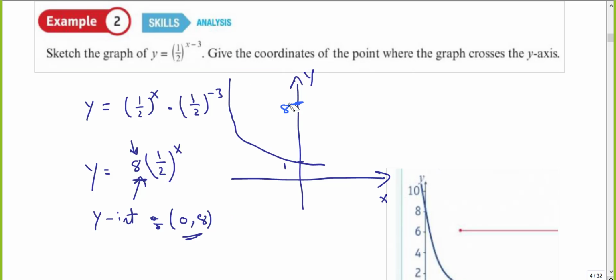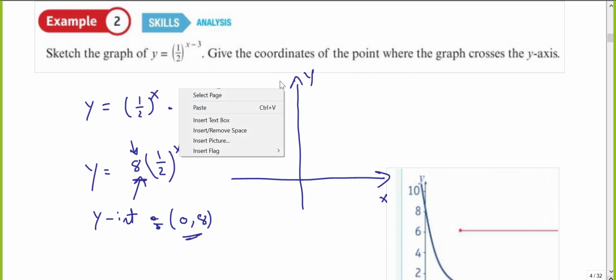طبعا to sketch it properly it will be like this. The graph will come like this from here. Just a second, Adam. Let me do it properly for you. The sketch will come like this.